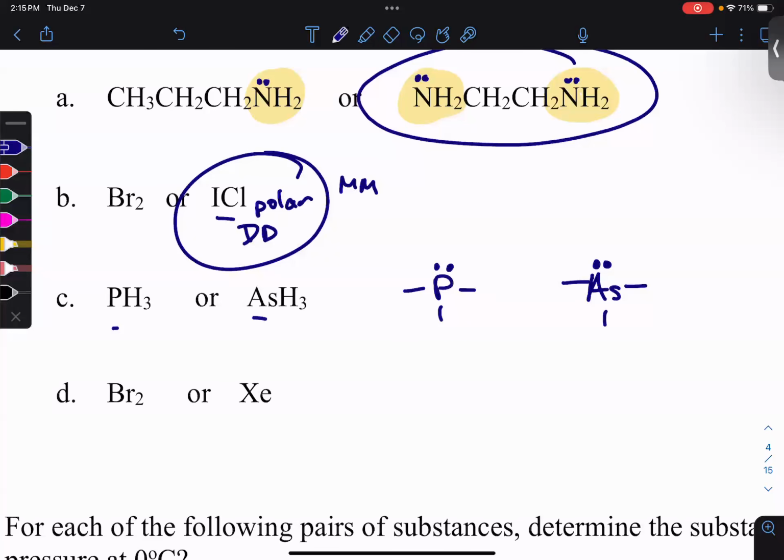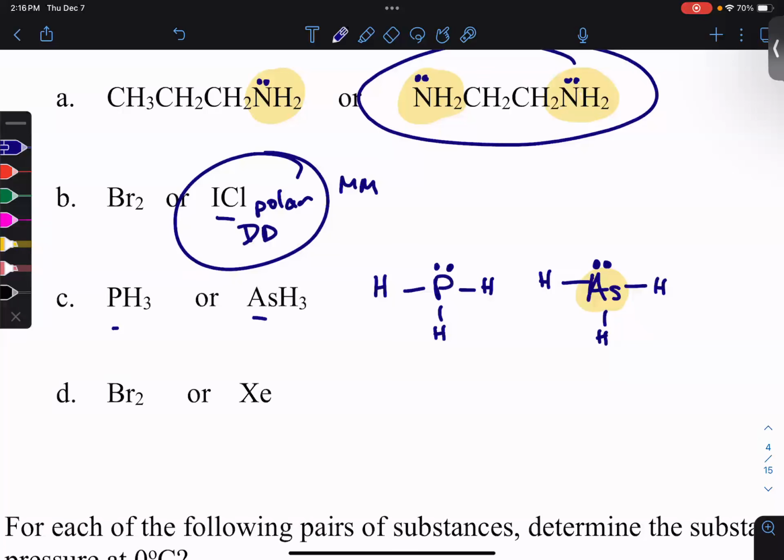So do both of them have LDF? Yes. Do both of them have dipole-dipole? Yes. Oh, so that's not useful. Can both of them hydrogen bond? No, neither of them can. So they both have LDF, they both are polar. So what I want to look at here is that one of them's a lot heavier, and that would be our arsenic compound.